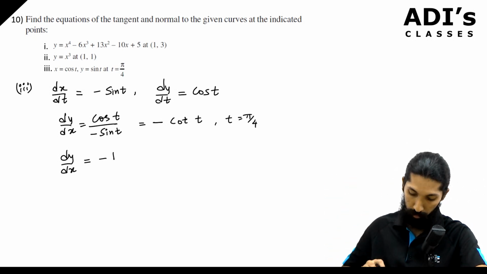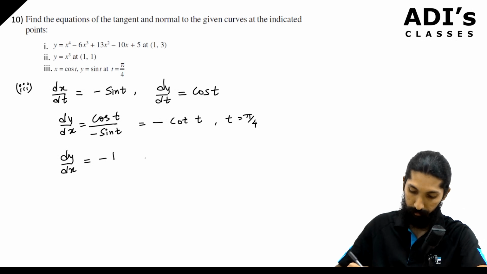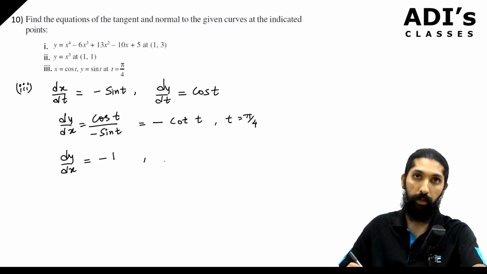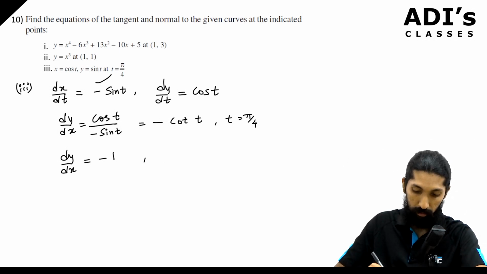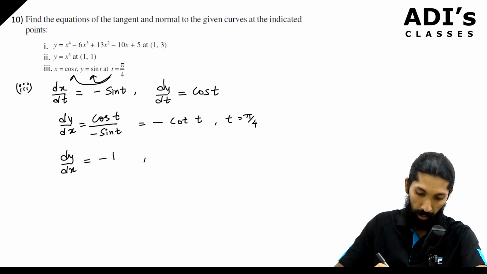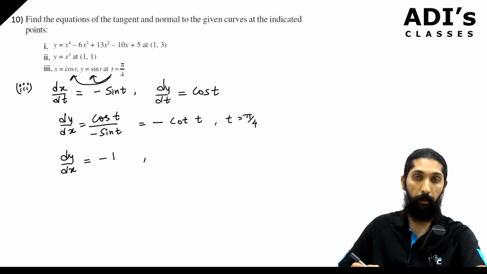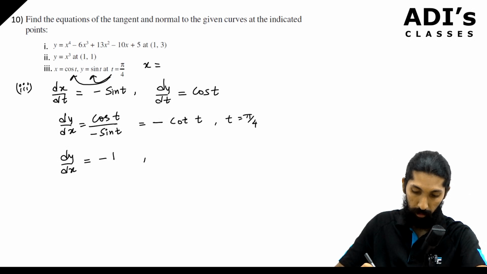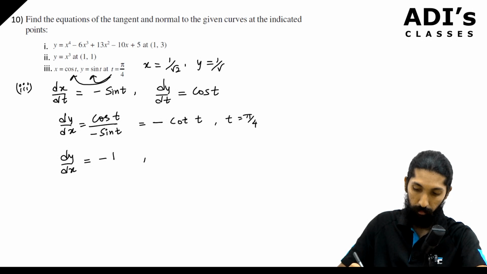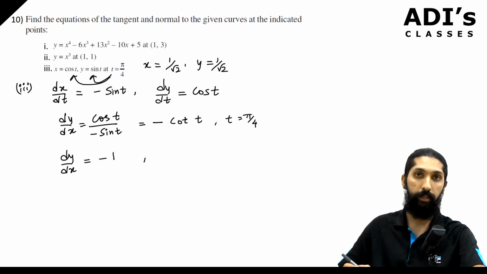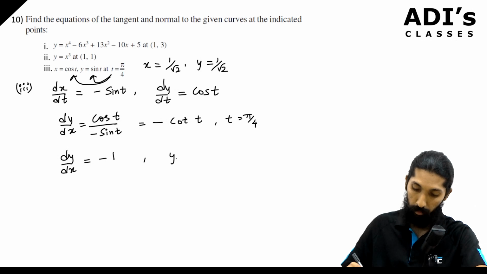When you have the slope of the tangent as minus 1, you get y minus y1. So you need the x and y value, right? Put t equal to pi by 4 here and here, and you'll get the values of x and y. That means the x value is going to be 1 by root 2, and the y value is going to be 1 by root 2. So you have y minus 1 by root 2 is equal to m, which is minus 1, into x minus 1 by root 2.